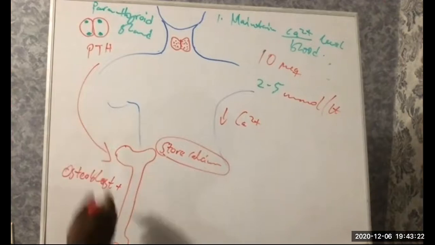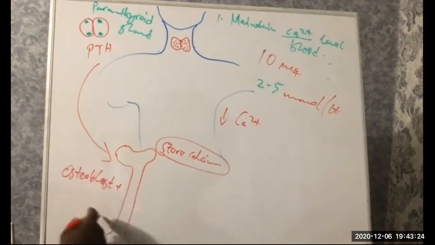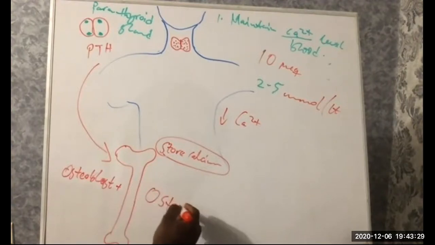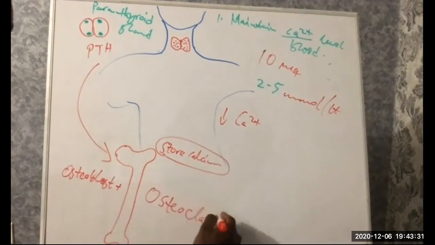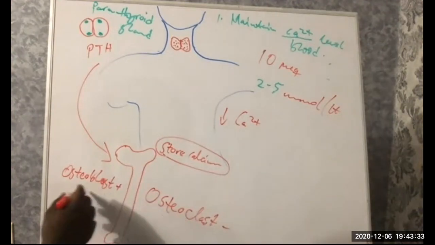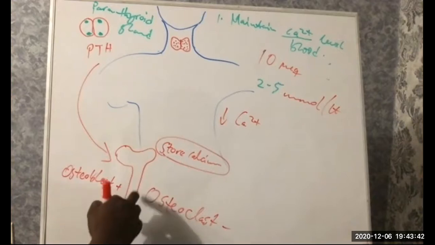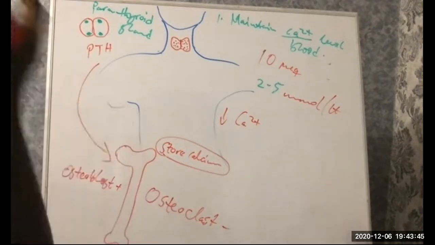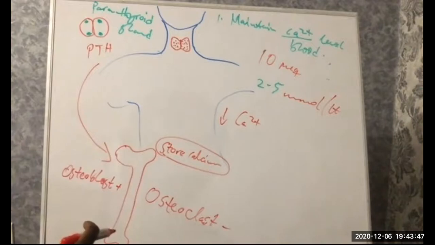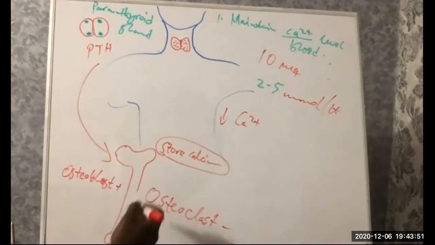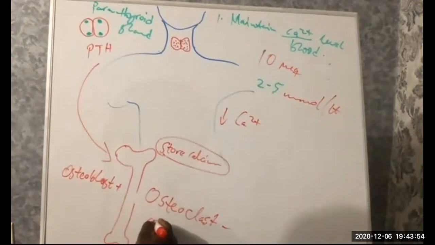How? First of all, there are two cells in the bone. We have osteoblast and we have osteoclast. Think of the osteoblast as a positive cell which helps in bone formation, and osteoclast as a negative cell which helps in bone dissolving. It just dissolves the bone, and once it dissolves it, it releases calcium.